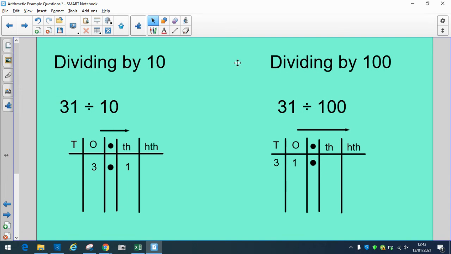There we are. So 31 divided by 100, as I mentioned, because we're dividing by 100, we are moving each place value digit 2 columns. So we're going to go 1, 2. The same will happen for the 3. We're going to do 2 place value columns again: 1, 2.